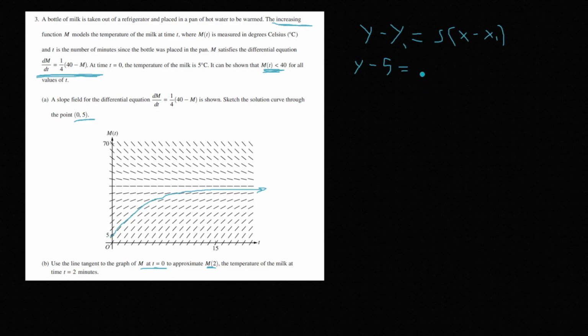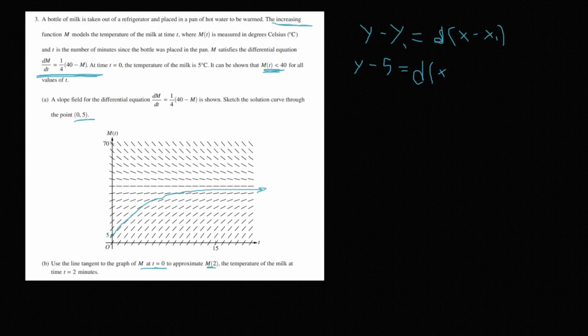What should I call this function? F? No. Something for slope that I can remember. D for derivative. There we go. We're going to call this slope D, and this is going to be equal to x minus x1, and x1 is just 0.